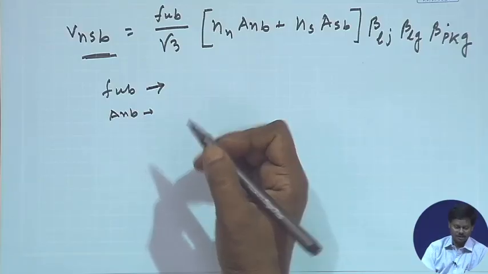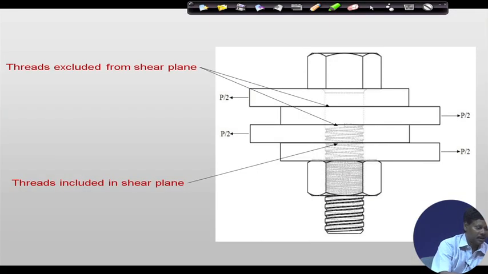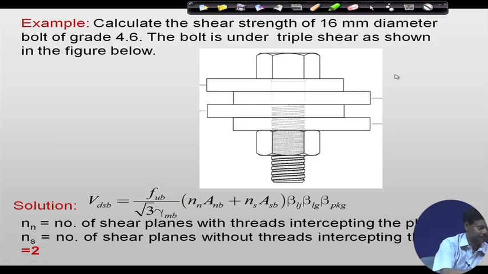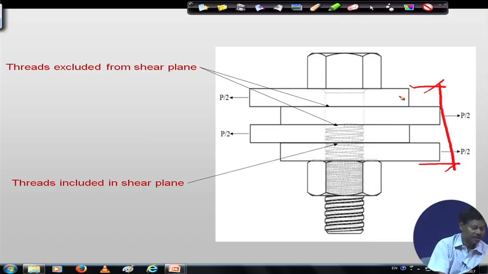That means, if we go to the next page, you will see here the entire bolt grip is this much. Now, for example, in this case the threads included in the shear plane are this one, this shear plane is intercepted by the threads.